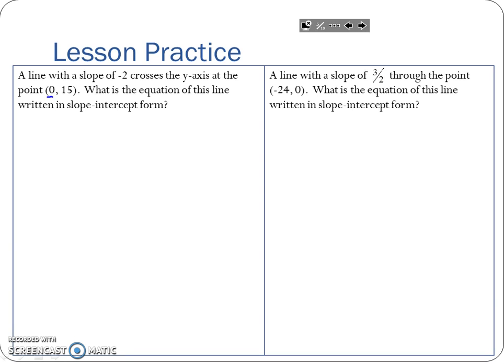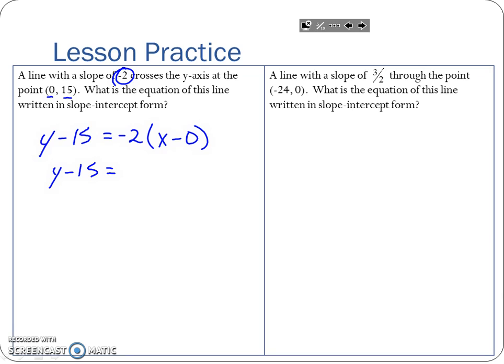I've got 0, 15, so 0 is my x, 15 is my y. I'm going to have y minus 15, because that's my y, equals my slope is negative 2 times x minus 0. Okay. One thing here, this just happens to be a fairly easy trick.